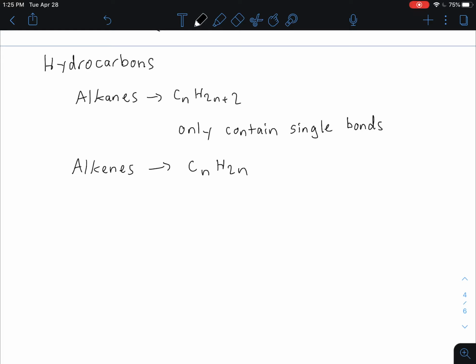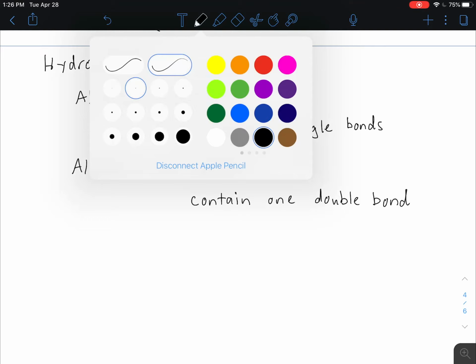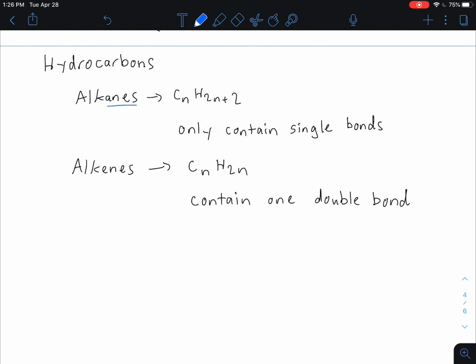And alkenes are going to have the formula CnH2n, and these are going to be hydrocarbons that contain one double bond. So that's the rationale for going from CnH2n+2 to CnH2n.